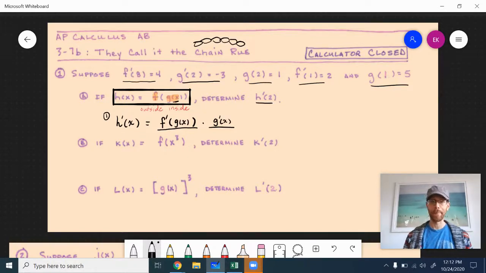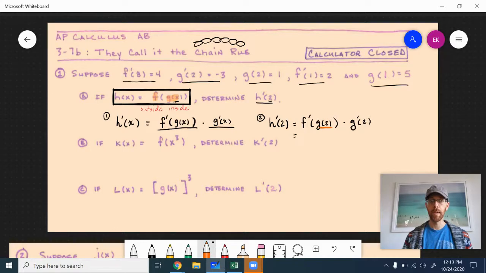So there's step 1. Step 2, let's take this rate of change function and plug in 2 like we were asked, which gives us f prime of g of 2 multiplied by g prime of 2. I always go after this character first: g of 2. Were we told g of 2?